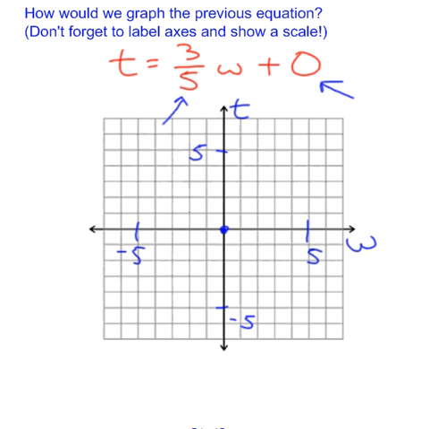Now I've labeled my axes and my scale, and that tells me how I can use the 3/5. Now that's rise over run, so I start from my vertical intercept, rise 3, run 5, and make another point.